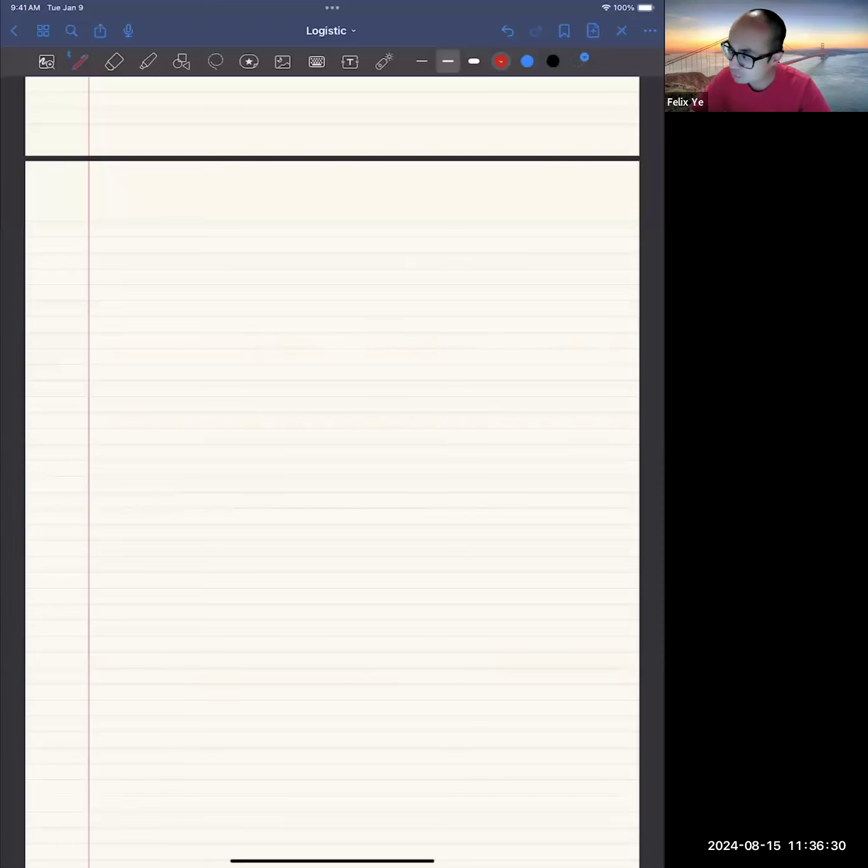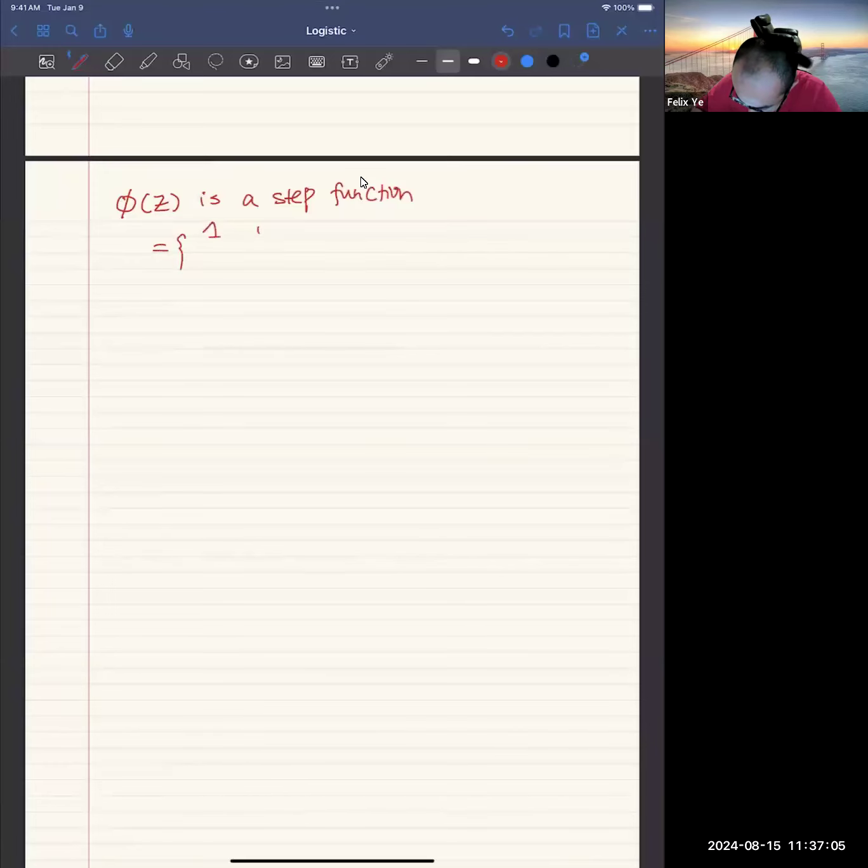Okay, so one of the difficulties in the perceptron, as I mentioned, is that this activation function is not differentiable. What we can do is replace this activation function with a sigmoid activation function. Previously the activation function was a step function, which means it is equal to 1 if z is bigger than 0, and 0 otherwise.